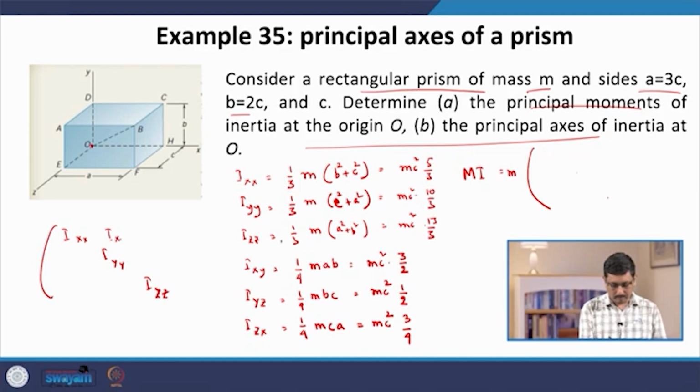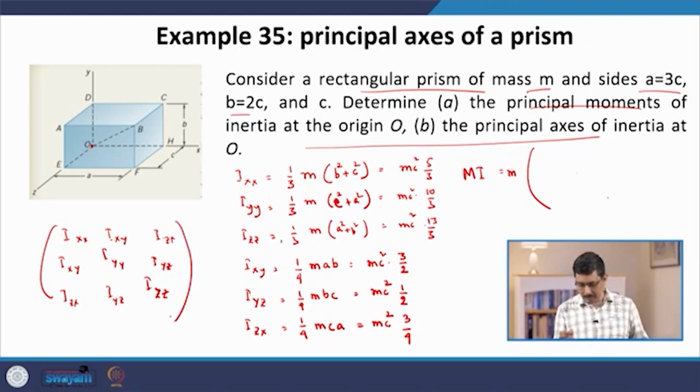Then we have the xy terms, and this is a symmetric matrix, so Iyx is the same as Ixy. By symmetry Izy is Iyz, and Izx is the same as Ixz. For all the terms, the mc square part is common.